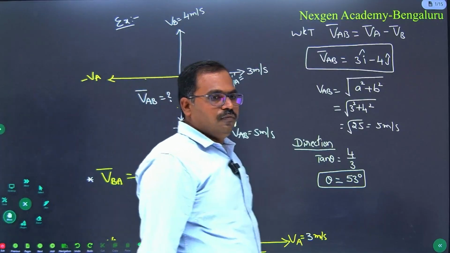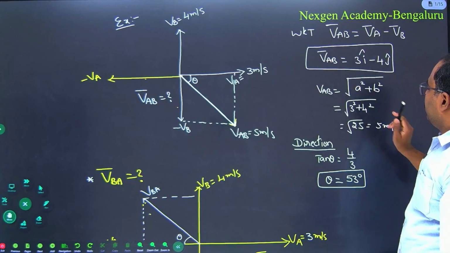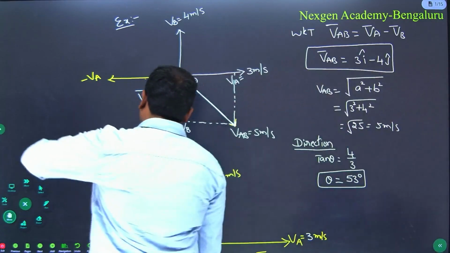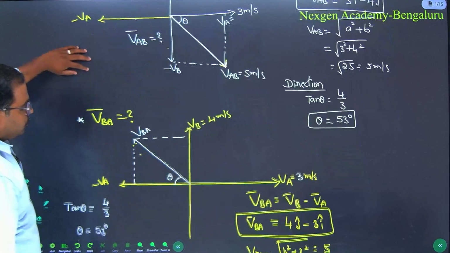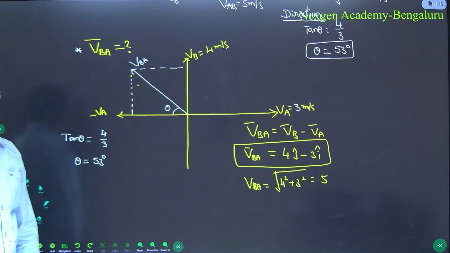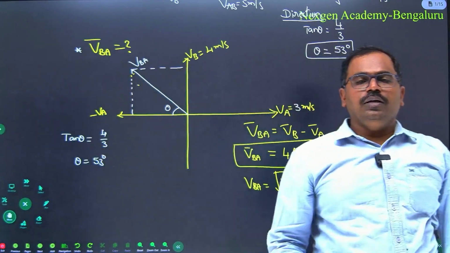Formula wise it is the same, VA minus VB. And VBA, if you want to find, follow the same thing. Magnitude wise it is the same, direction wise we got the opposite direction. So this is the relative velocity in two dimensions.